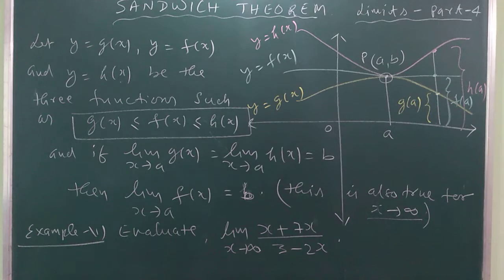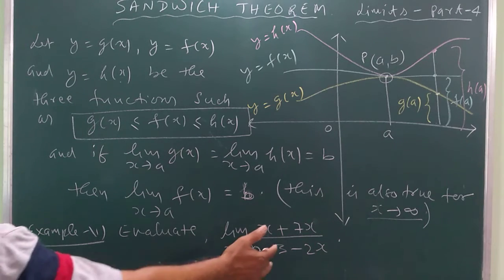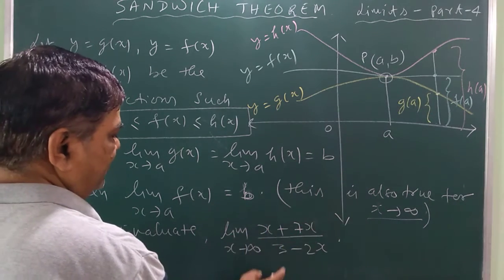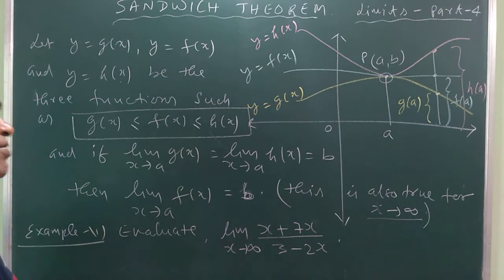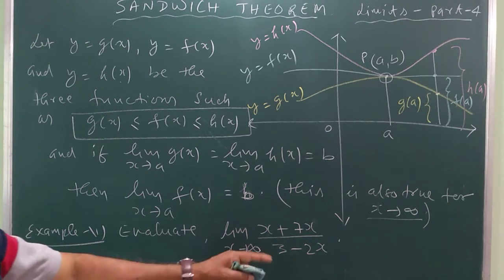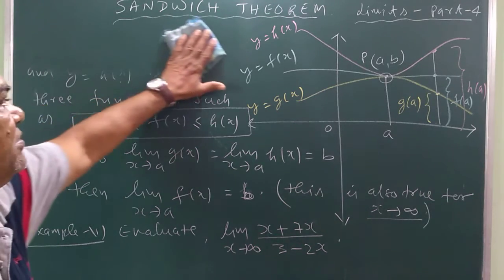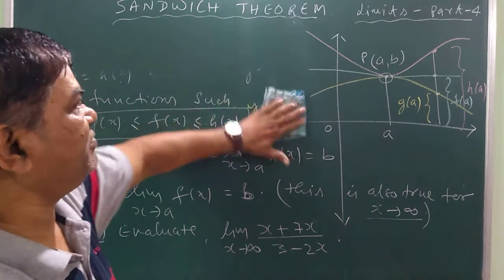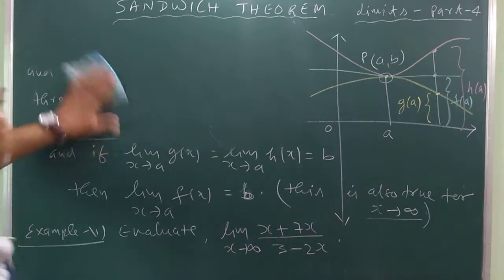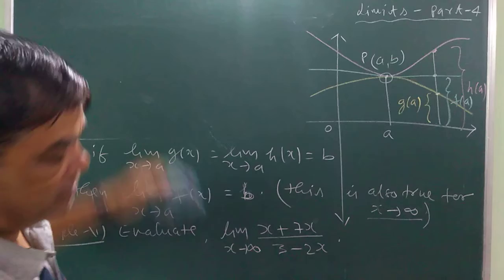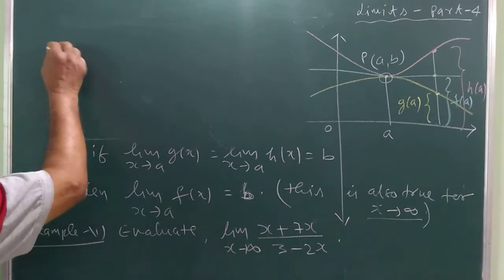So let us take one or two examples from this theorem. This is the example: evaluate the limit of (x + 7 sin x) divided by (3 - 2x) when x tends to infinity. So what is the process of solving this question? Let us first take the solution.